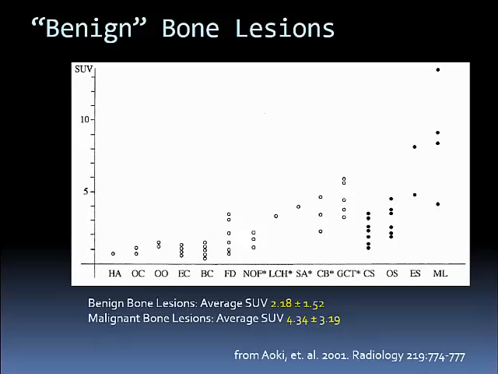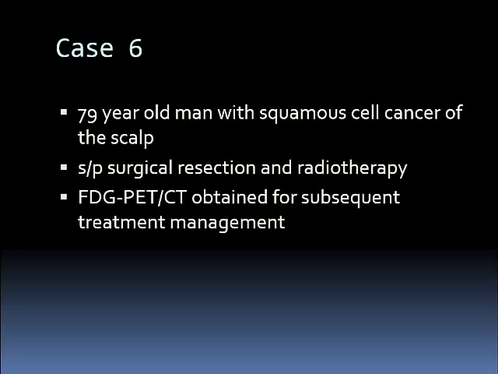So there is a fair degree of overlap between benign and malignant bone lesions, and some of these quote-unquote benign or less aggressive osseous lesions can indeed show activity on PET scanning, and brown tumors fall into that category. Parathyroid adenoma. Yep, that was the primary parathyroid adenoma that was driving all of these brown tumors in the skeleton.